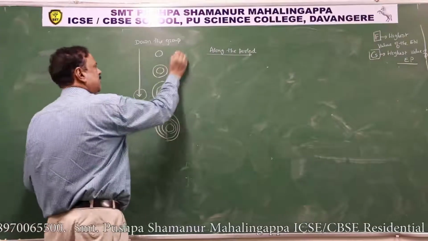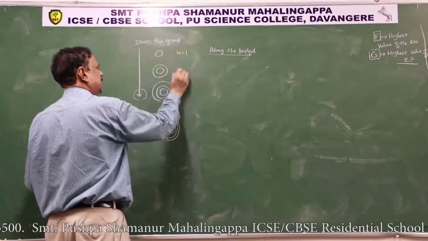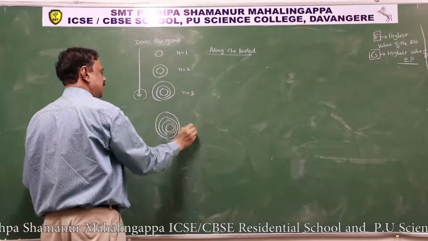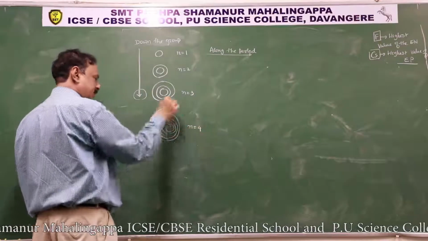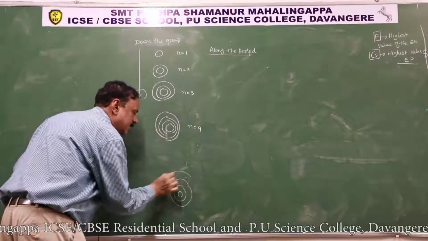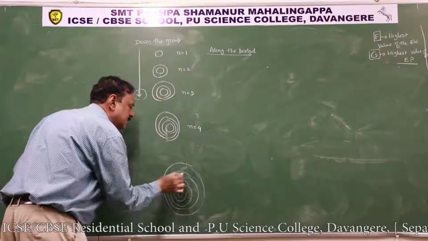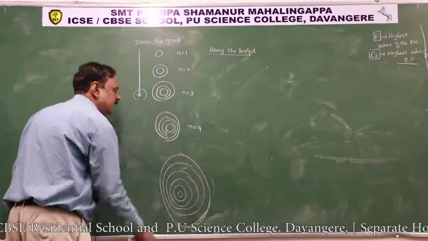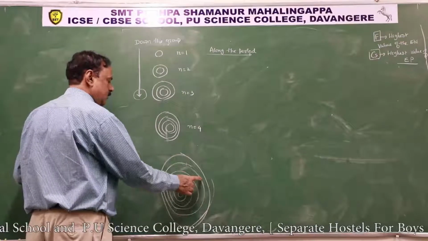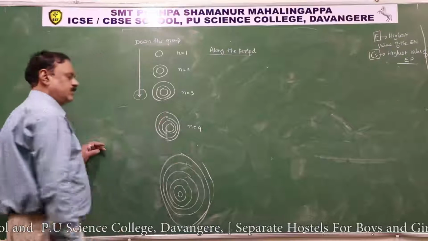That is, the principal quantum number is 1, then 2, then 3, then 4, and so on. At the last, 7 shells are possible: 1, 2, 3, 4, 5, 6, 7.